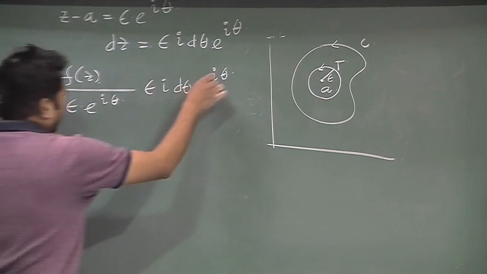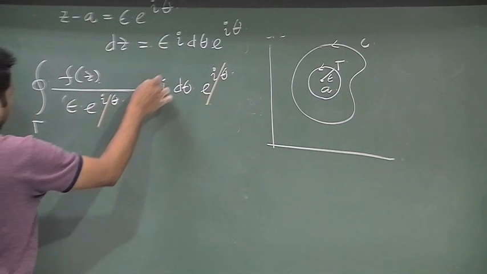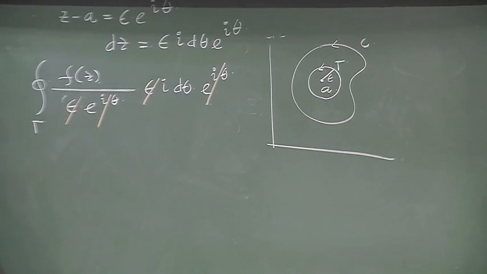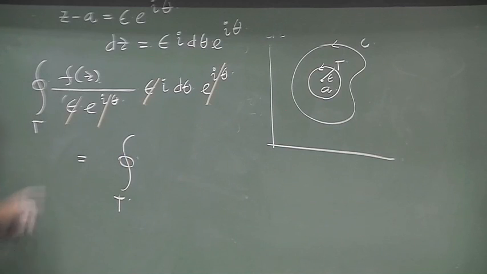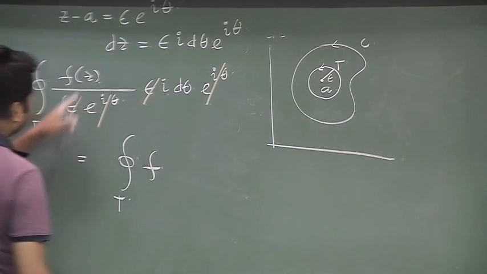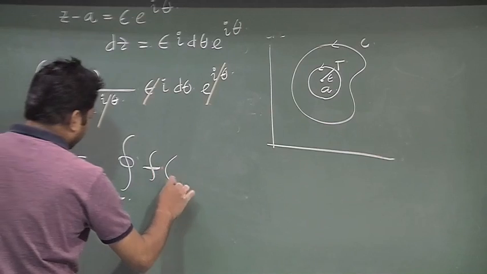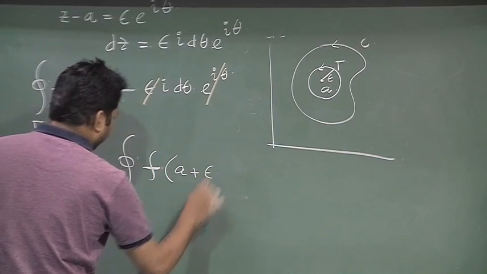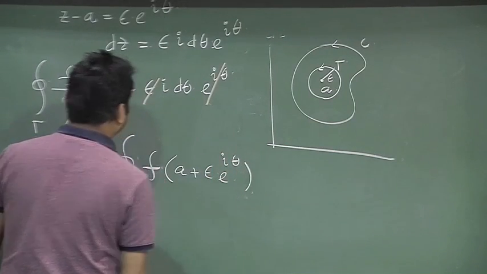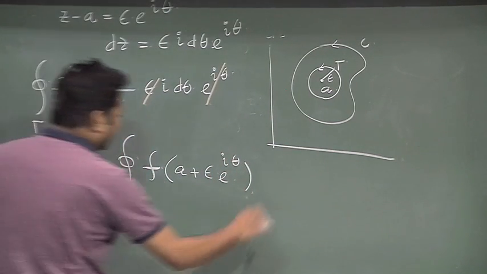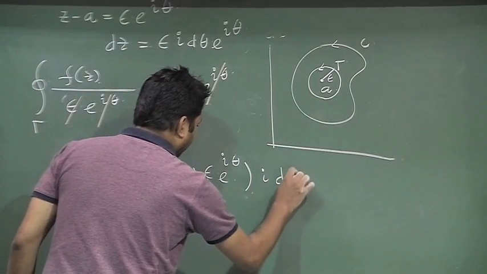The e to the power i theta cancels out, and epsilon also cancels out. What finally do we have here? Since I put the value of z, f(z) is now f(a plus epsilon e to the power i theta), then i d theta.